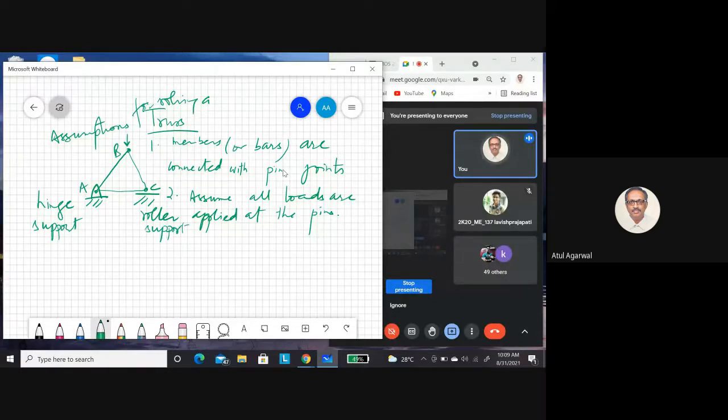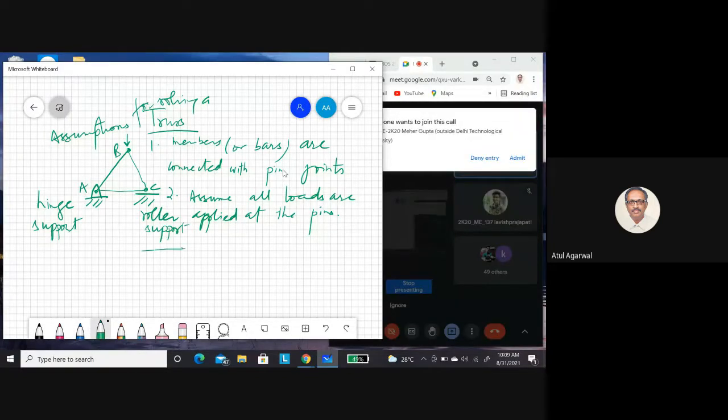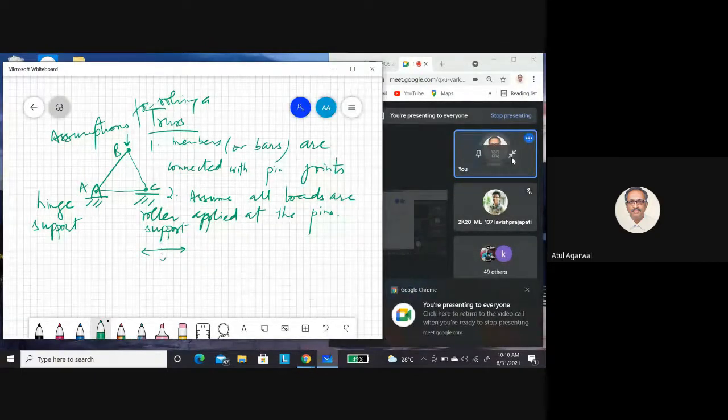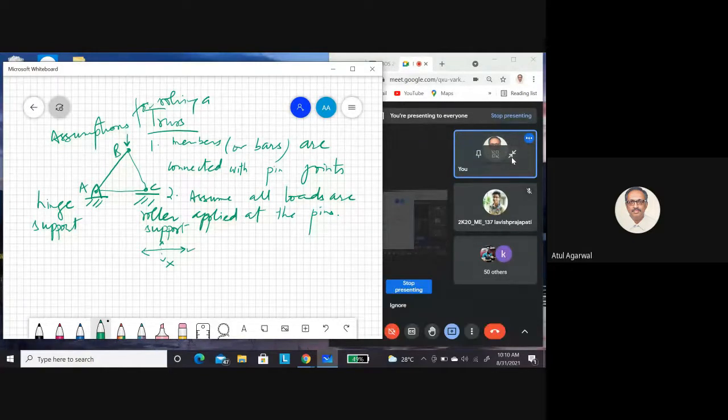Roller support means movement is allowed in the tangential direction, but no movement is allowed in the perpendicular direction. In this direction, you are not allowing the movement. Only movement of the roller or pin is allowed in the tangential direction. Here, both x and y displacements are constrained.